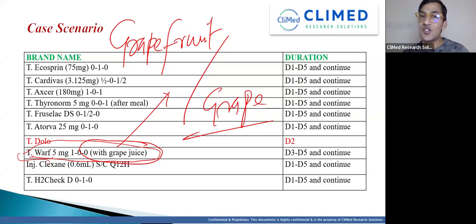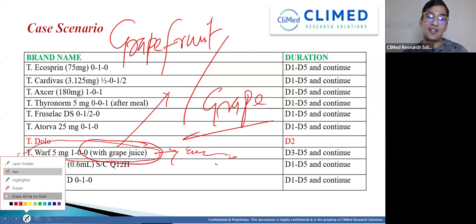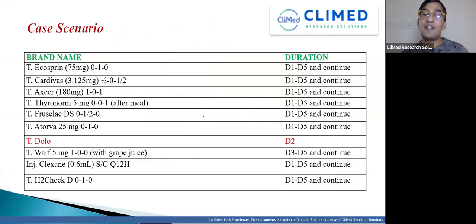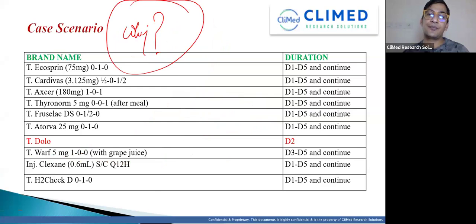Grapefruit juice is a citrus family fruit and it completely deteriorates the effectiveness of warfarin. Why? Can someone tell me why? Any idea? So the first learning from today's class is that grapefruits are not grapes.